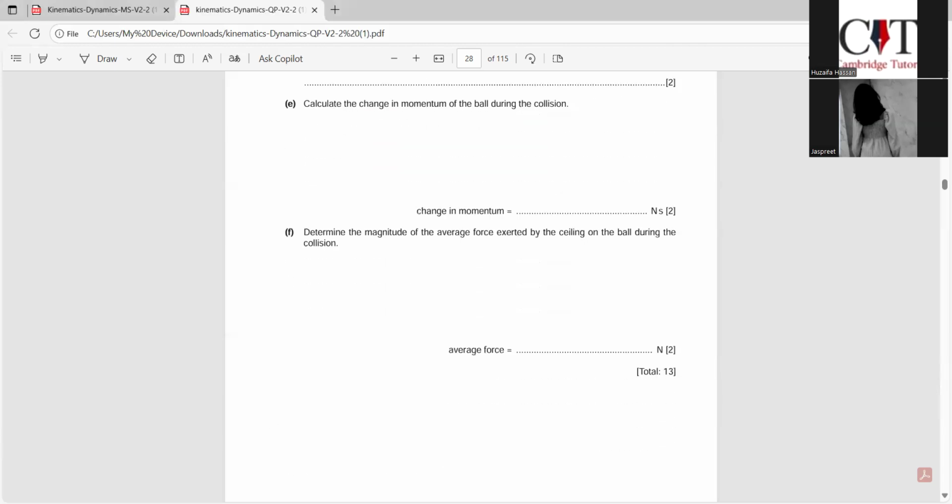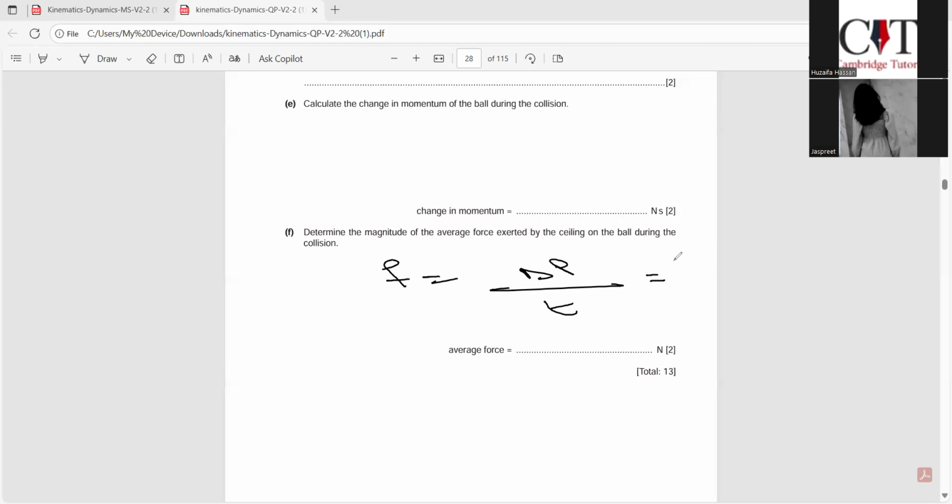Okay, calculate the force. You know the time already. You have calculated delta P above, so you can easily calculate it. Determine the magnitude of the average force exerted by the ceiling on the ball during the collision.